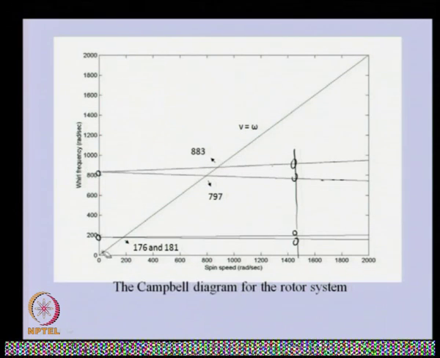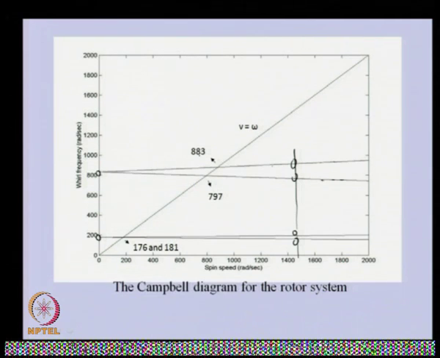Now, if we draw a 45 degree line here, which belongs to whirl frequency equal to spin speed, we will see that it intersects these lines at 4 places, and they are basically the 4 critical speeds of the rotor system. So, 1, 2, 3, 4 intercepts will be there, and all these values are the critical speeds of the rotor system.